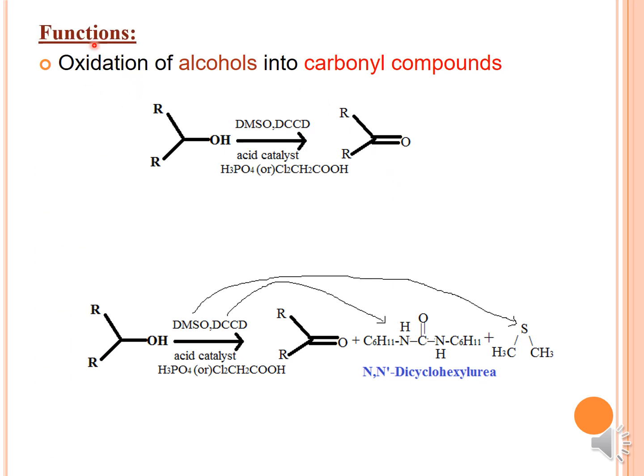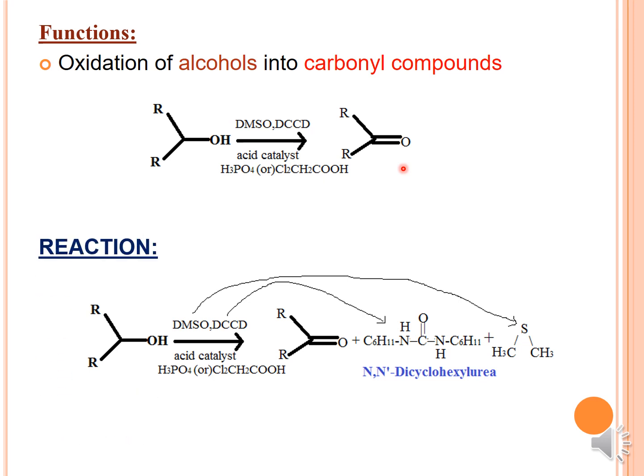So basically, it will oxidize the alcohol group into a carbonyl compound in presence of these reagents, that is in presence of DMSO and DCC, and an acid catalyst, that is H3PO4 or chloroacetic acid. So in presence of all these reagents, the alcohol gets converted into the carbonyl compound.